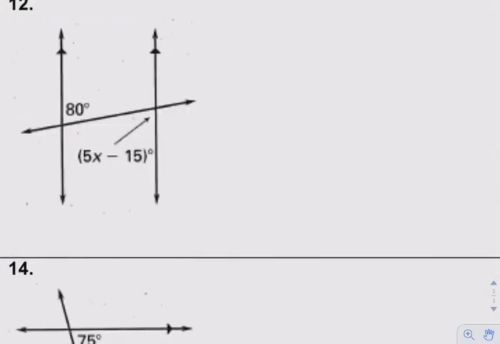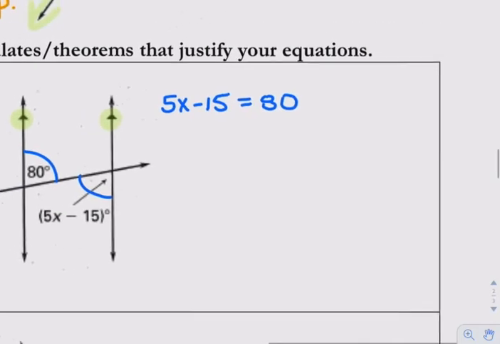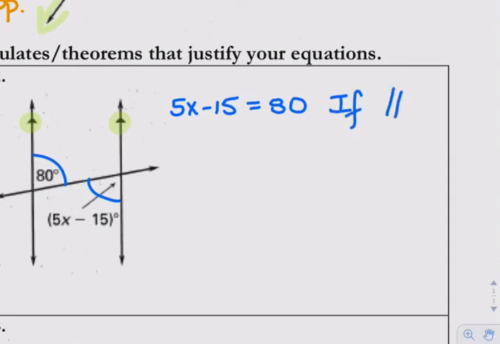Okay, how about this one? Again, we have parallel lines, 80 and 5x minus 15. This one and that one are what kind of angles? Well, they're going to be congruent, which means they will be equal to each other. 5x minus 15 equals 80, because if parallel lines are cut by a transversal, then what kind of angles are those?